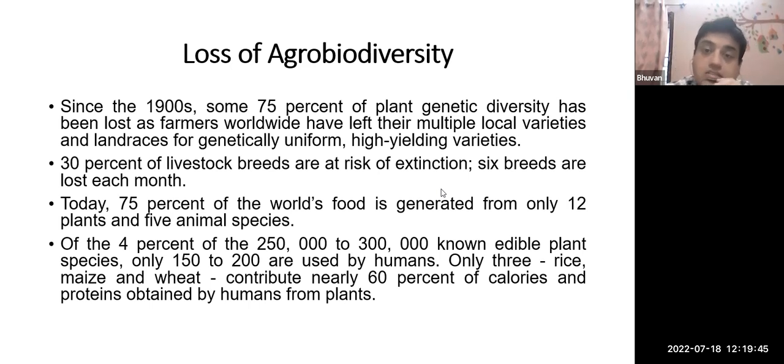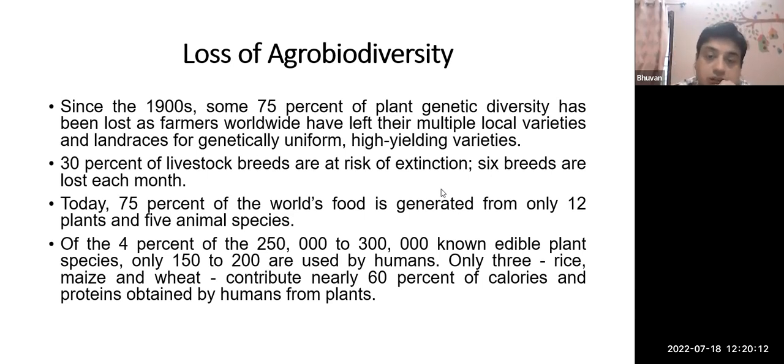Basically, our dependence on few genetic forms or varieties of the plants is increasing, and the traditional varieties are getting eliminated because they are no more used for agriculture purposes.